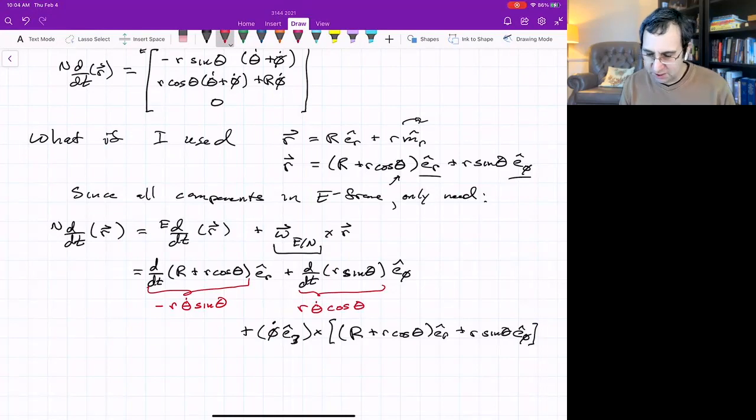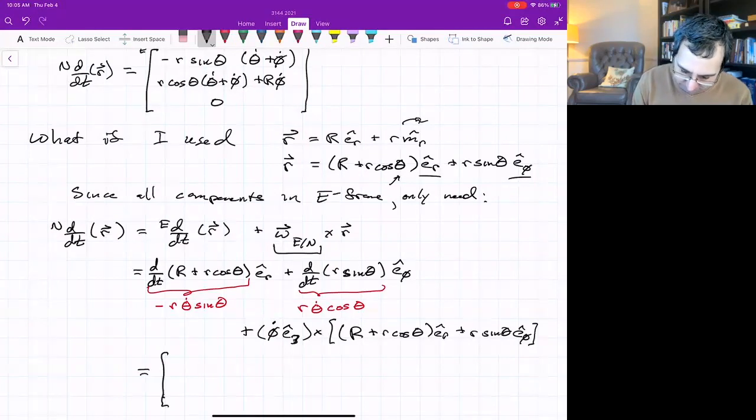And then I could carry through these cross products. And at the end of the day, grouping terms, you're going to get the same thing. Okay. So this will also equal what I have up there once you group all the terms.